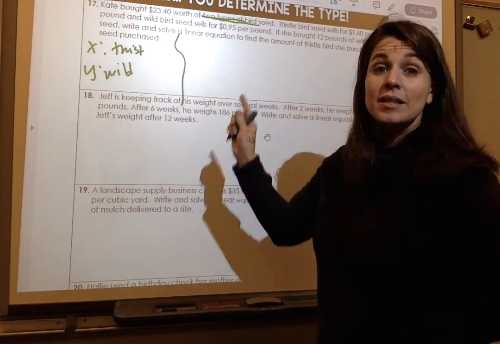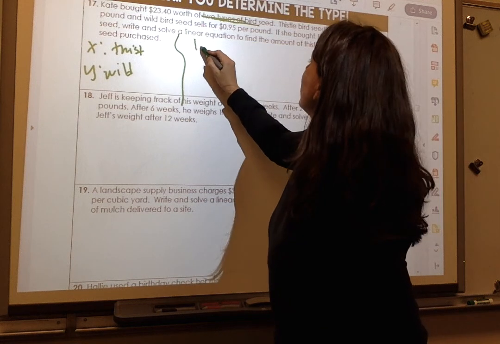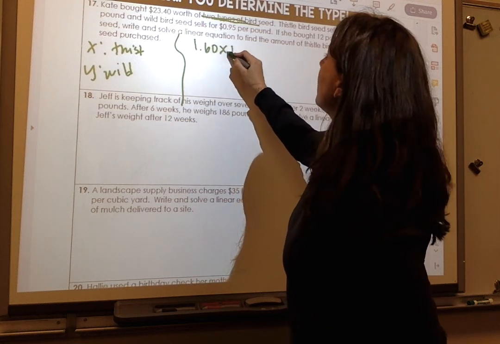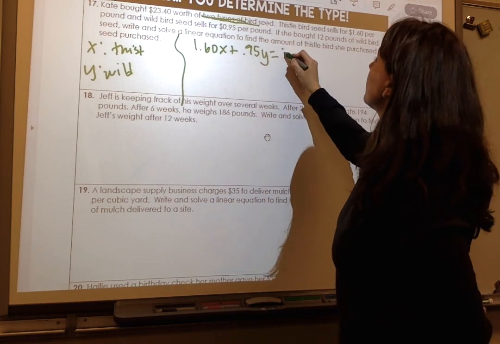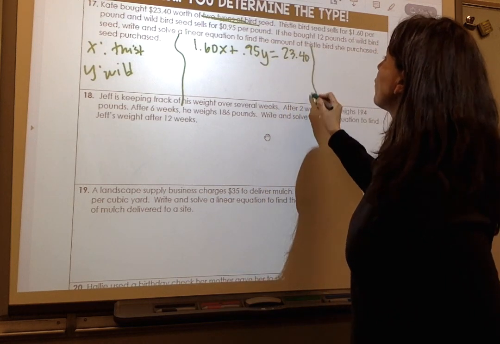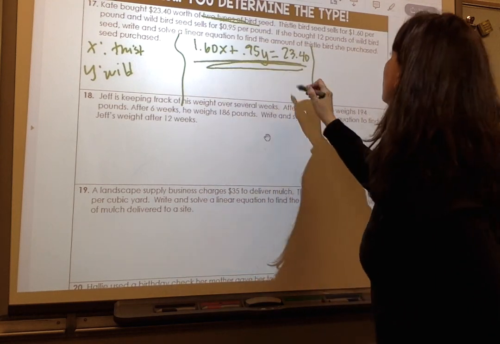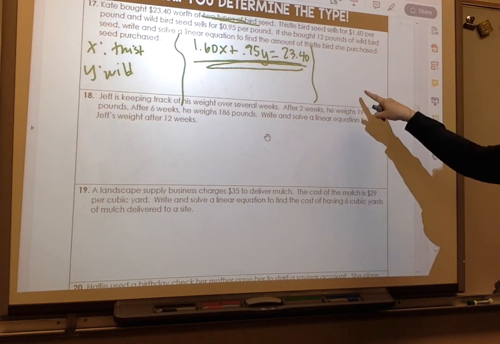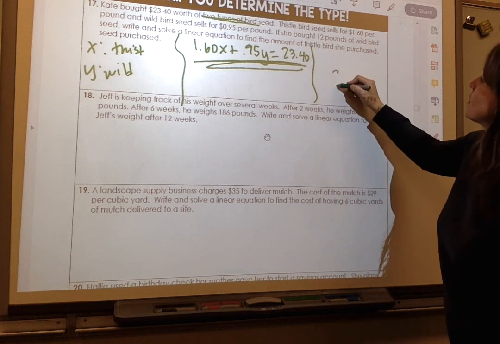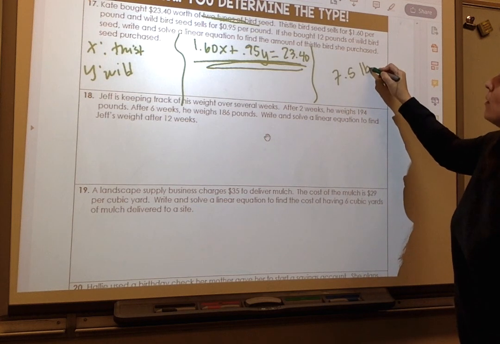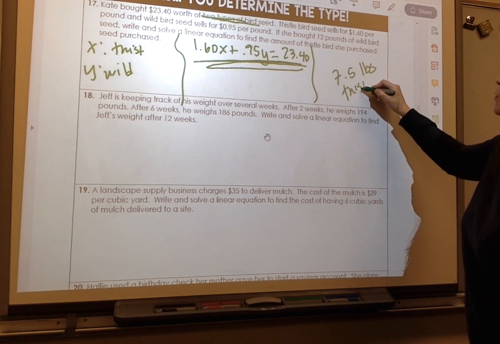So your equation, that's a standard form equation. 1.60 for thistle and 95 cents for wild, and that's going to be $23.40. So there's your linear equation. And your answer, if she bought 12 pounds of wild bird seed, is going to be 7.5 pounds of thistle was purchased.